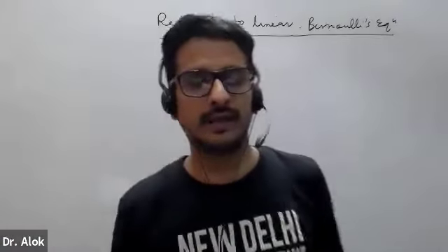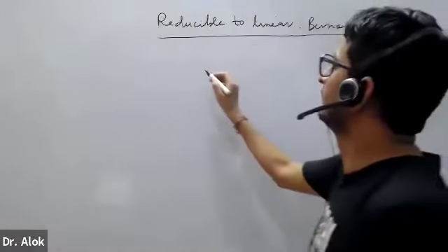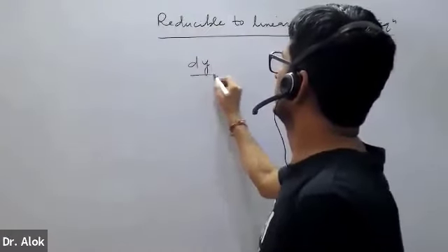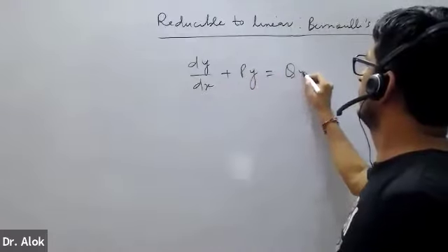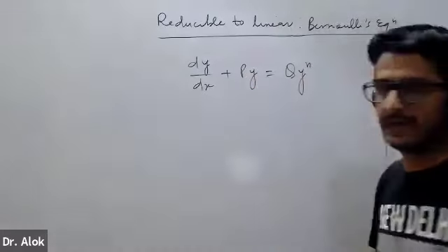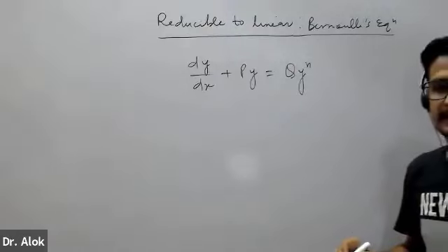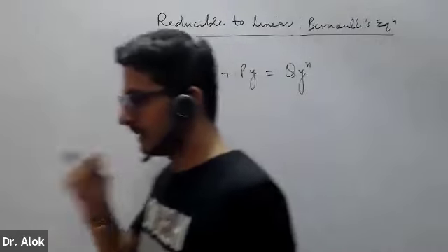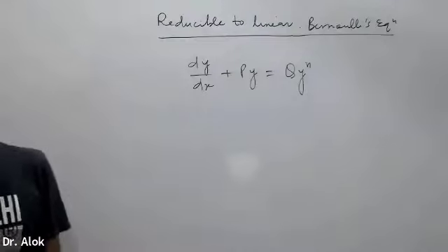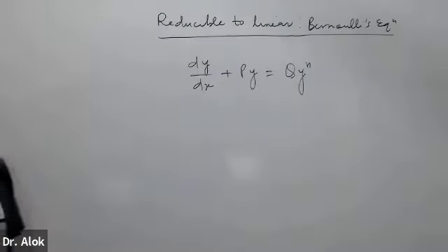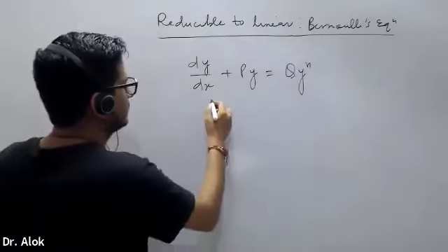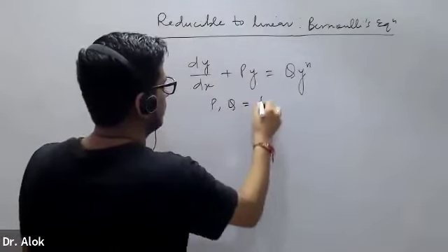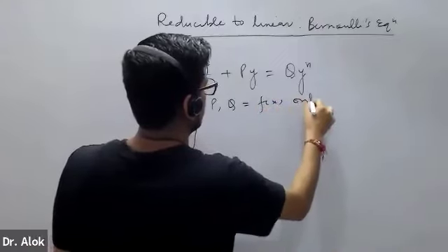Now, how does Bernoulli's equation look? It looks like this: dy by dx plus py is equal to qy to the power n. You can see that the right side is not only a function of x; p and q are functions of x only.